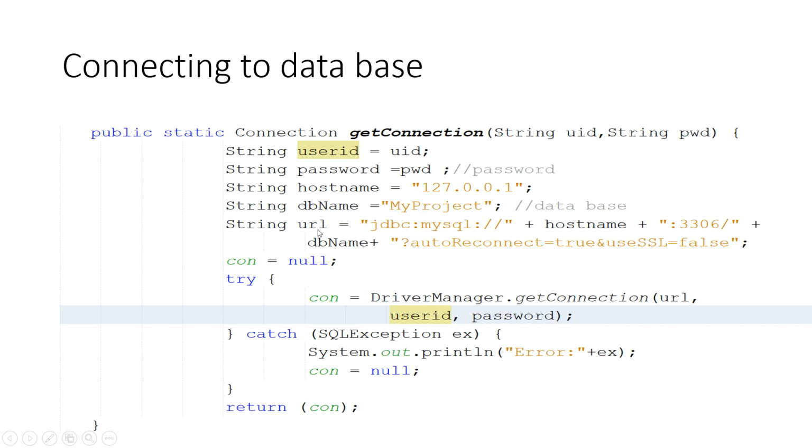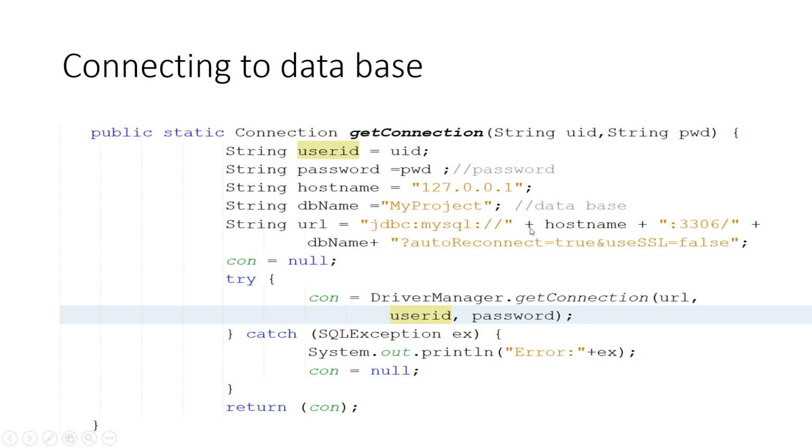Then, to connect, we have to form a URL string. It follows like this. The main protocol is JDBC, the sub protocol is MySQL. If we are using some other package, then this part changes. Colon, slash, slash, then the host name.